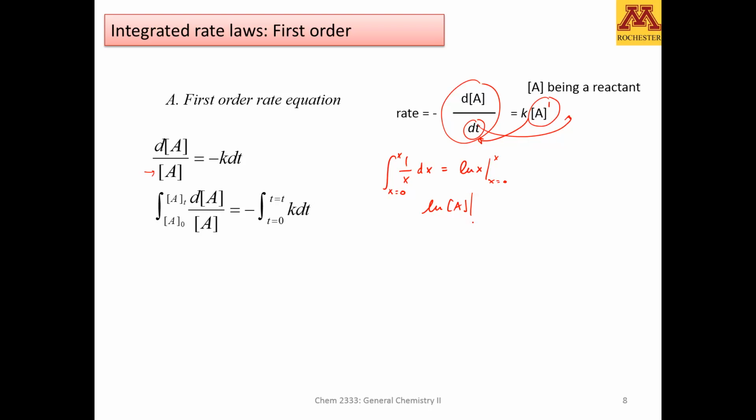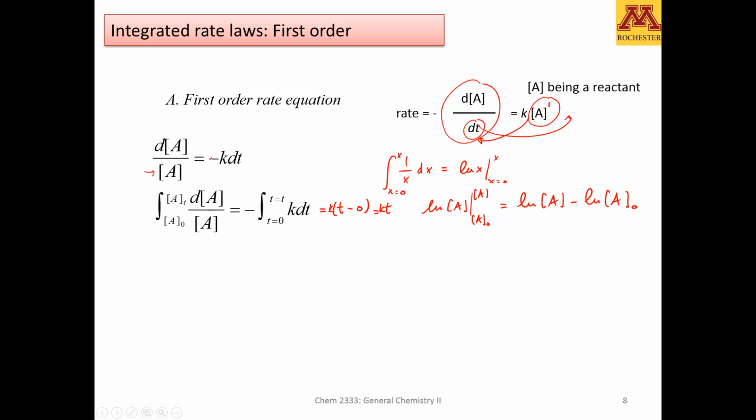Between the initial concentration and, on the other side, the concentration at any given time. That is the logarithm of A minus the logarithm of A0, the initial concentration. On this side of the integral, it's trivial. It'll be t minus 0, or in other words, t, well in this case, sorry, kt.